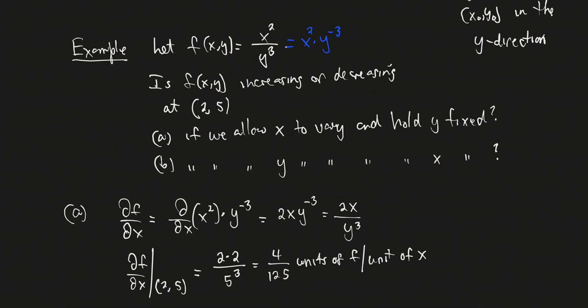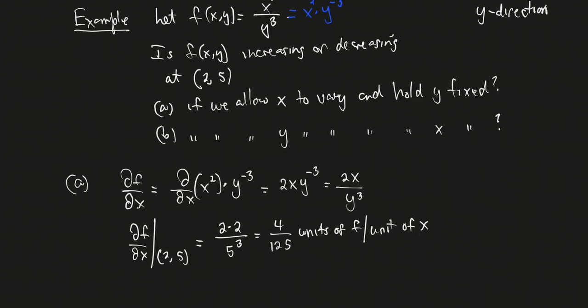It might be something like meters per second, or maybe pounds per centimeter, whatever this function might represent. Whatever your unit of x would be, units of your function per unit of x would be the units for this partial derivative.